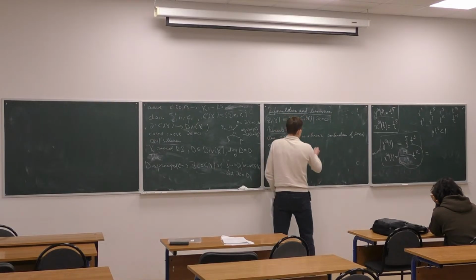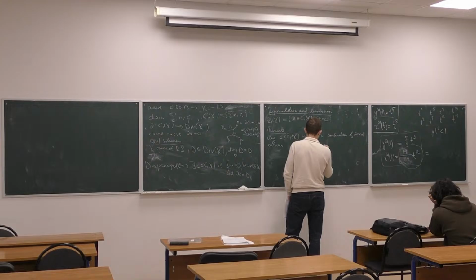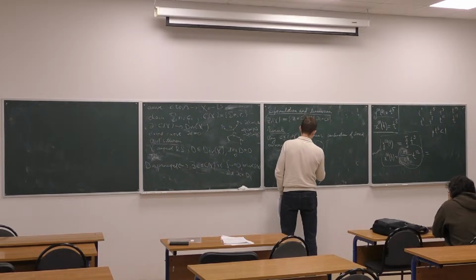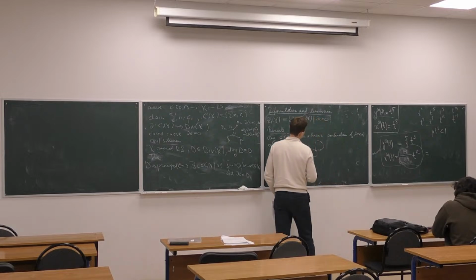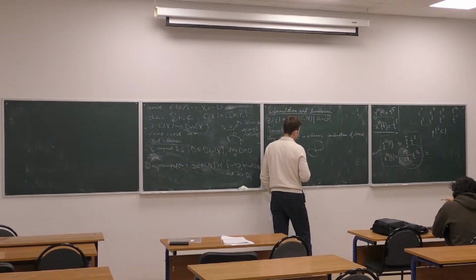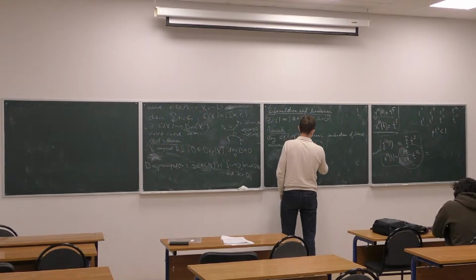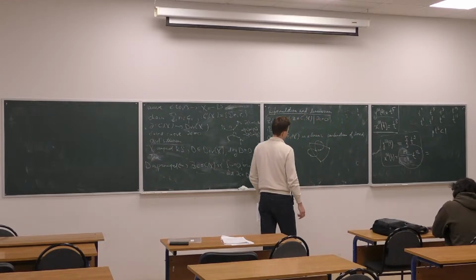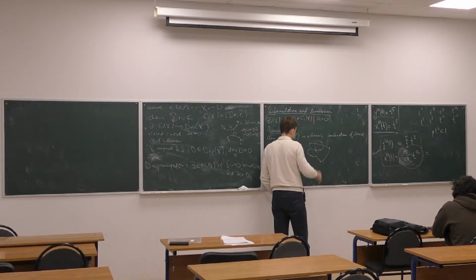For example, suppose we have some closed chain. Can all these curves overlap each other? Yes, of course, we can have that.